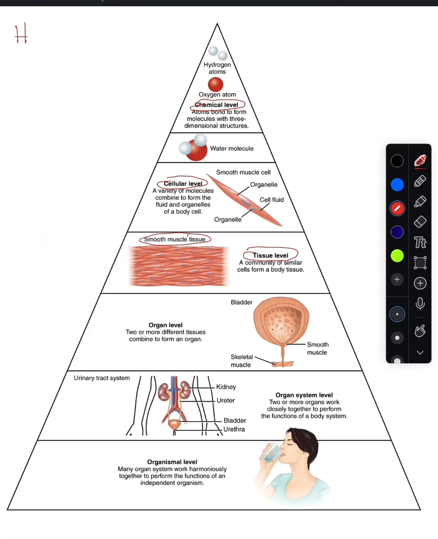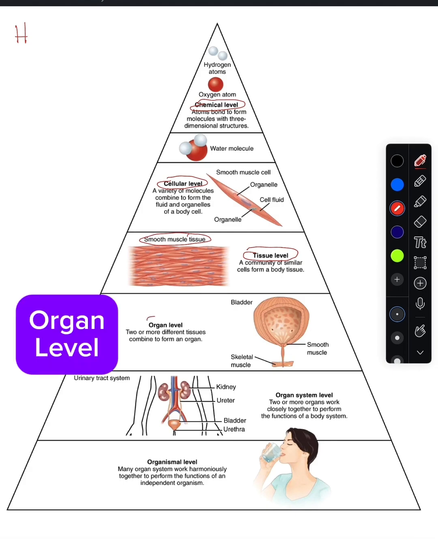Then at the next level, this is the organ level. When we get beyond chapter 4, chapters 5 through 15 in Anatomy and Physiology 1, we're going to be talking about organ systems. But before we get to organ systems, we have to talk about organs. When you have a group of different tissues grouped together in a structure that carries out a specific function, that is the organ level.